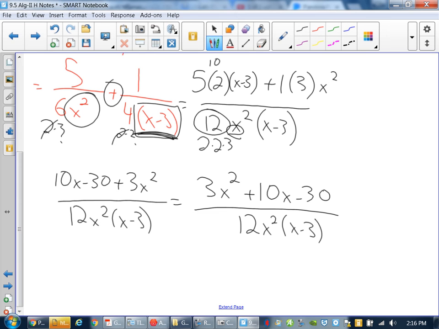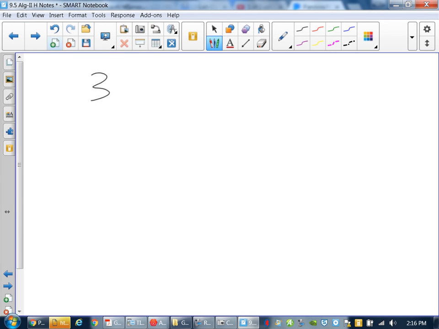But since everything in the numerator is something plus something plus something, I cannot simplify over each one of those. It's the same basic idea that you can't simplify this. I can't do that.